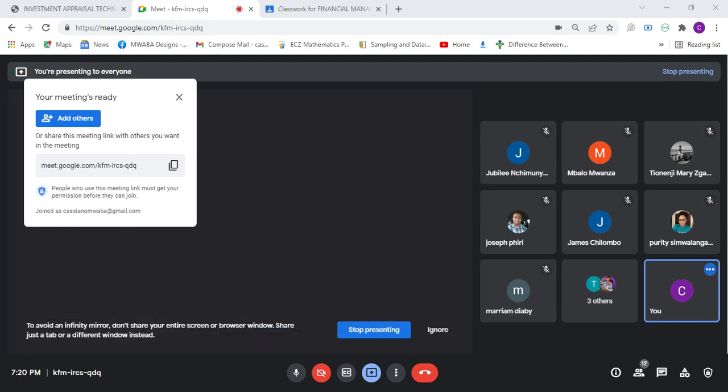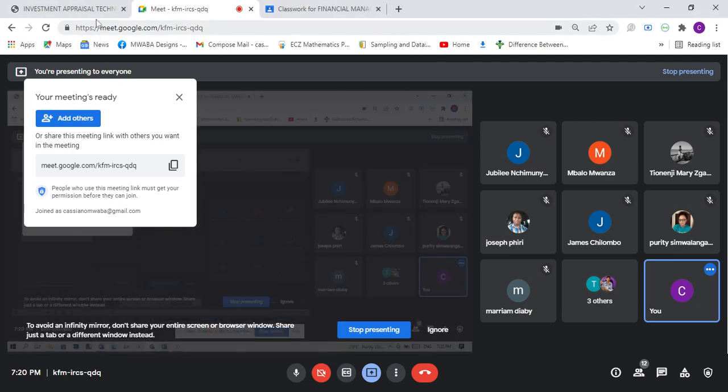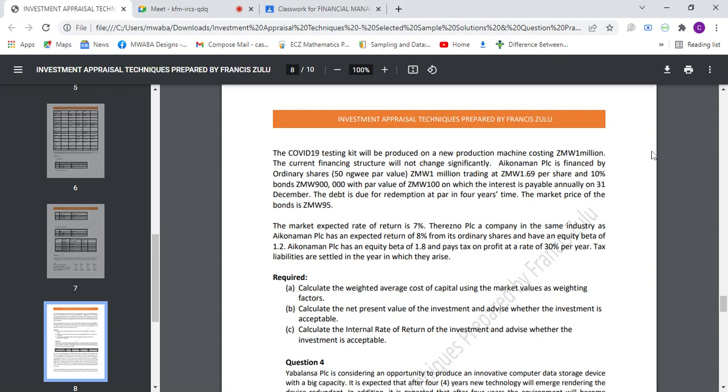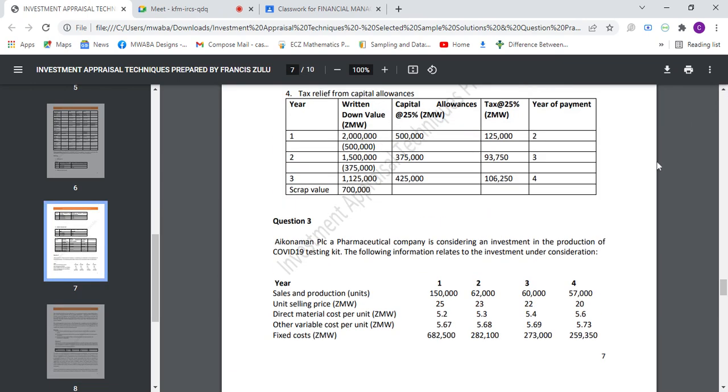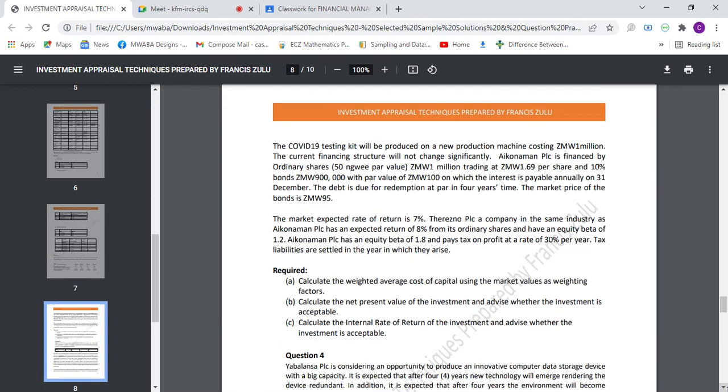book value per share, times market price. And so we go to our equation. They say the ordinary shares are 1 million kwacha, and they're 15 ngwe par value.